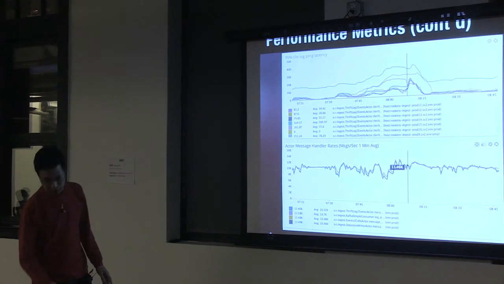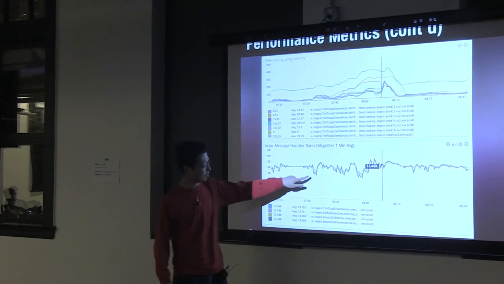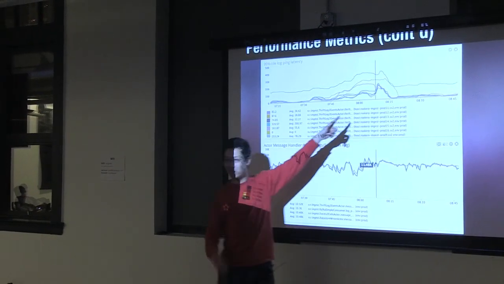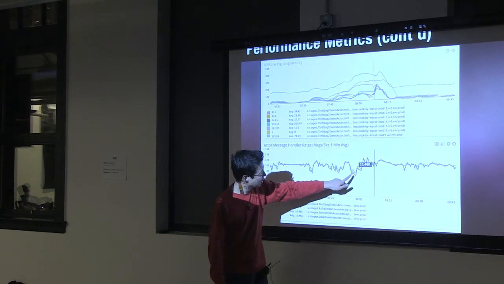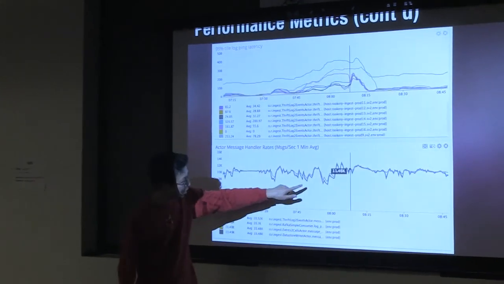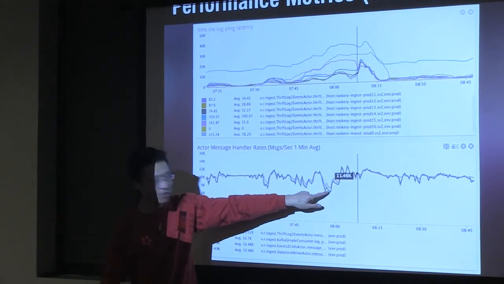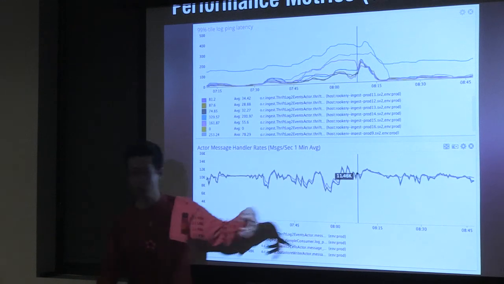For example, these are different stages in the pipeline, and there's a spike in the latency at one point. You see that certain stages are falling behind the other stages because the rate is a little bit slower.